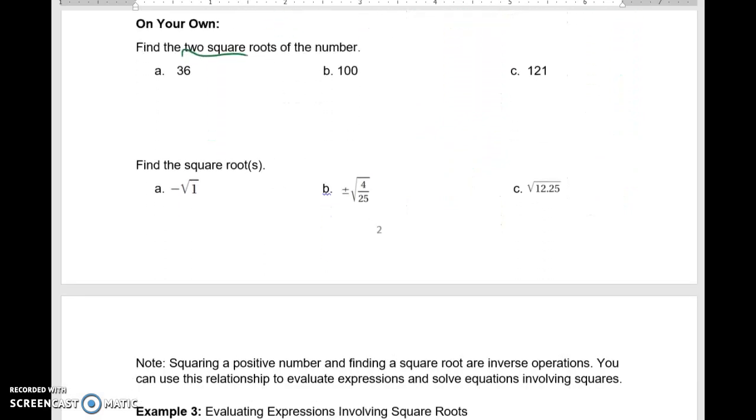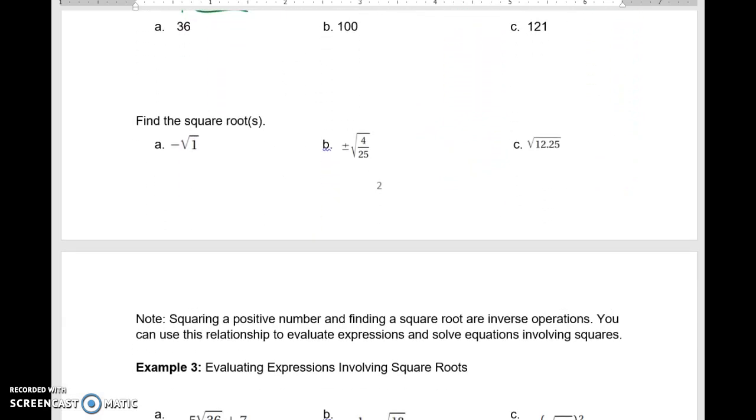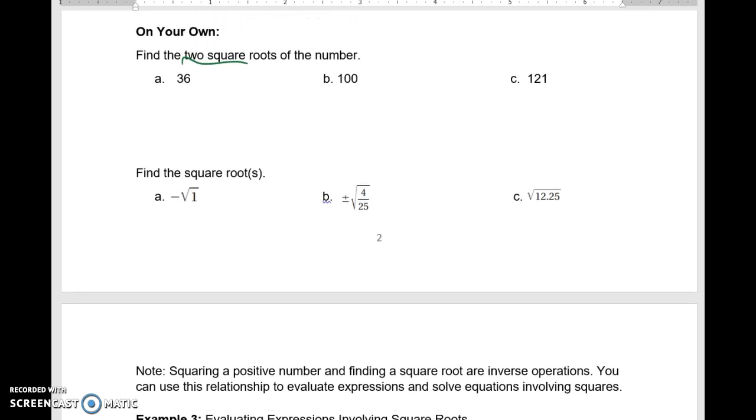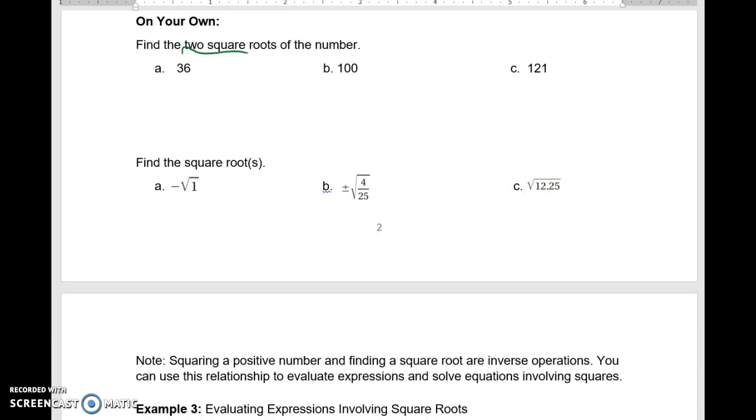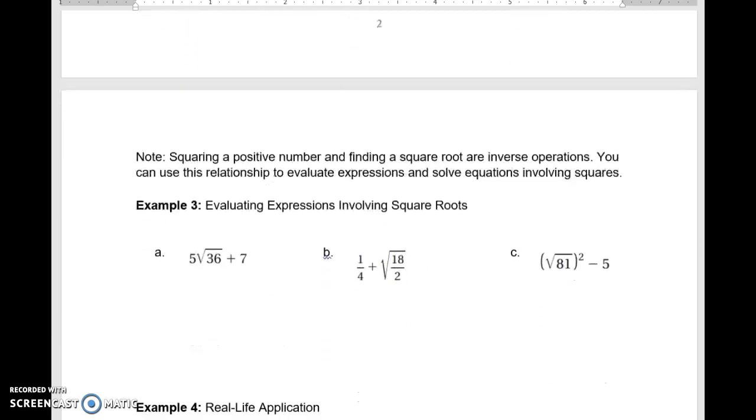All right, and then on this one, find the square roots. So this has a negative out in front. I think those are part of on your own. Even though they're labeled ABC and ABC again, I'm going to go with those are on your own because we've already done ones like that. Go to the next page, please.